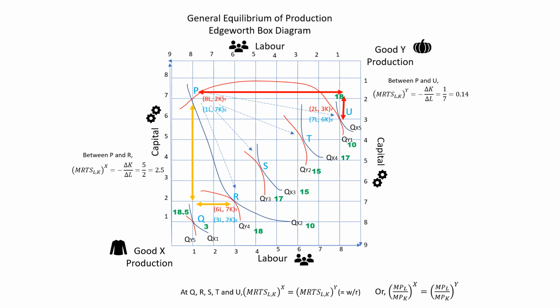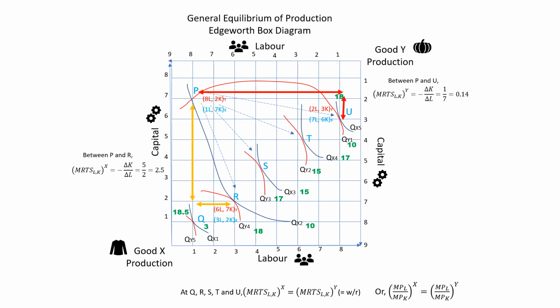Let us now look at how we can achieve greater efficiency by moving from point P to a different allocation of labor and capital for the production of the goods X and Y. As we have discussed earlier, at point P, there's a greater degree of marginal productivity of labor for the production of clothing, and there's a greater marginal productivity of capital for the production of food.